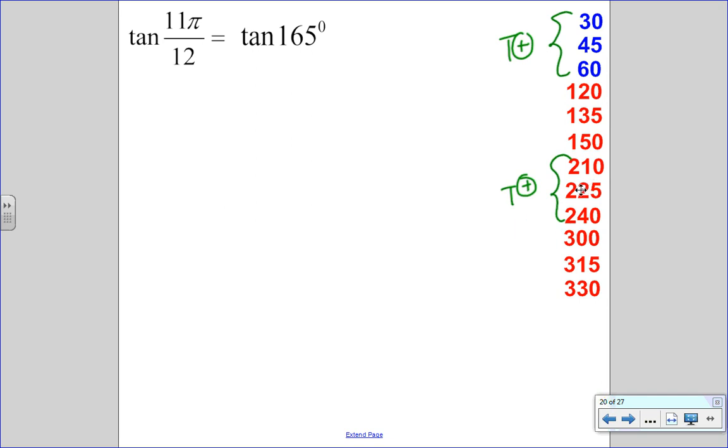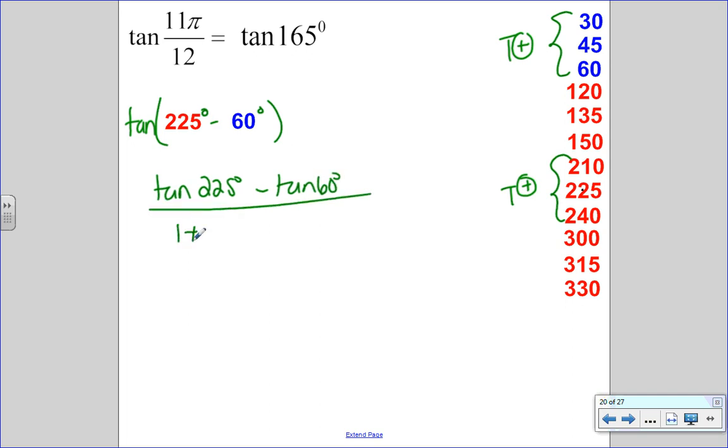What I'm going to do is take 225 and take 60 and subtract them. So tan of 225 take away 60 gives me 165. Applying my formula, I have tan of 225 minus tan of 60 over 1 plus tan of 225 tan of 60.